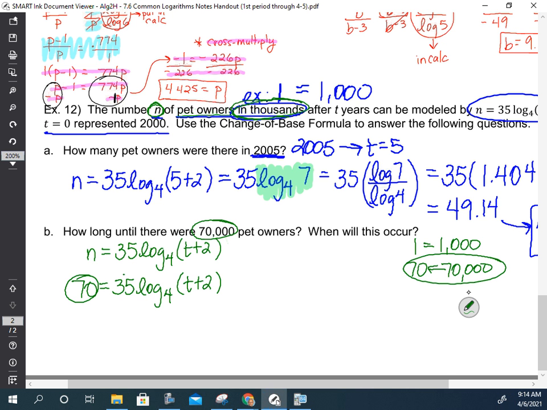This 35 can't stay there. It's multiplying times the log, so we're going to divide it and get rid of it. 2 equals log base 4 of t plus 2.